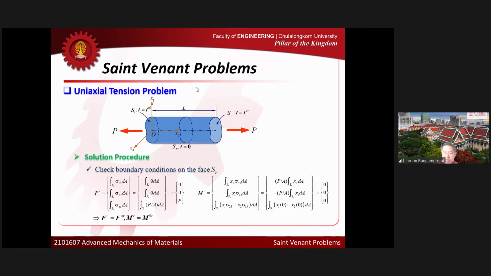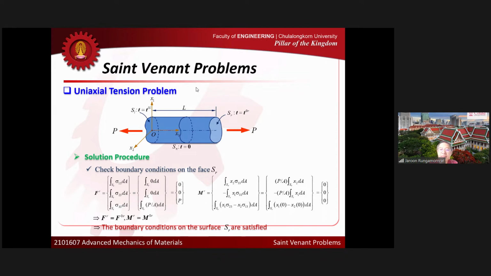Here I can conclude that the net forces and net moments are satisfied, that the conditions are satisfied at the right end. So the boundary condition on the surface SR is satisfied.